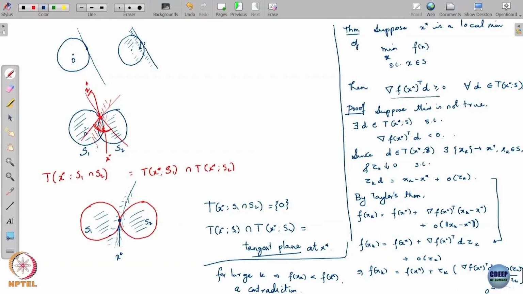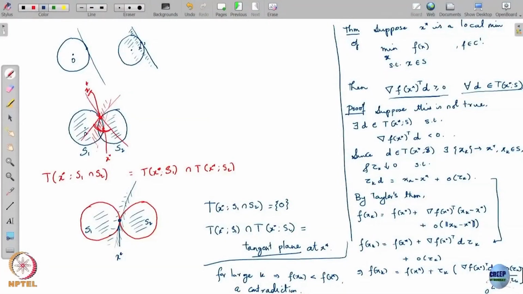So, suppose x star is a local minimum of this, and I forgot to write here, f belongs to C1, so that is differentiable, then we must have that grad f transpose d is greater than or equal to 0 for all d in the tangent cone. You can see this is a very general purpose condition: any set, any function, so long as the function is differentiable, it must satisfy this.